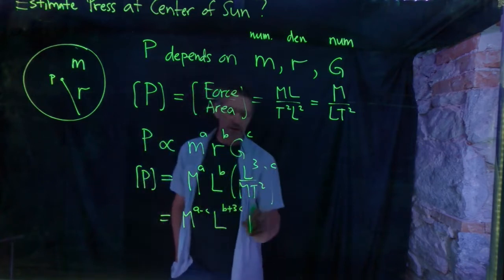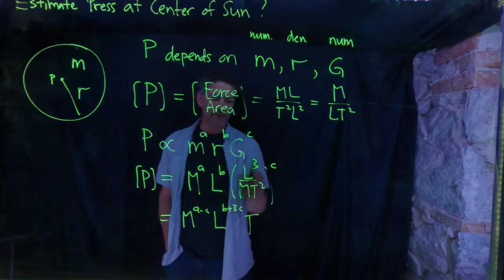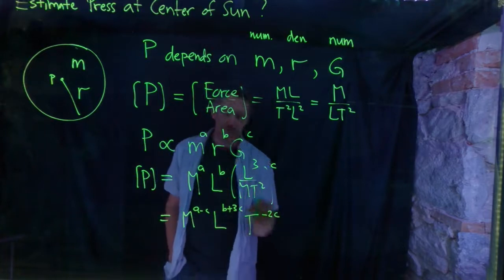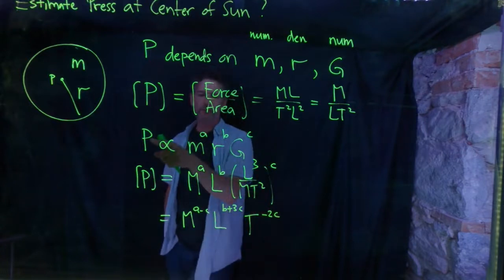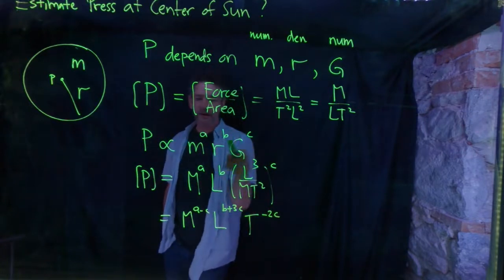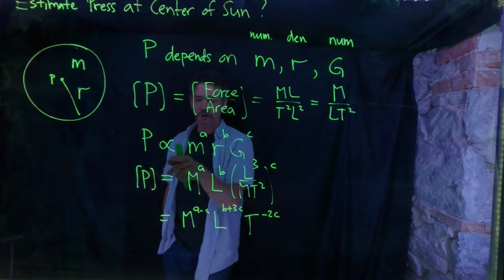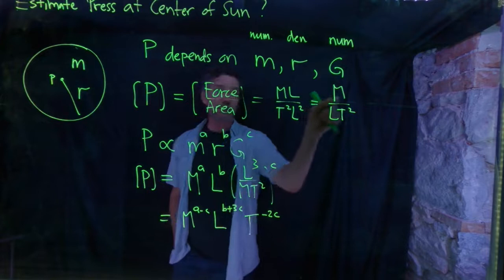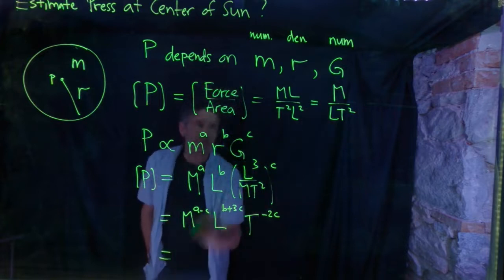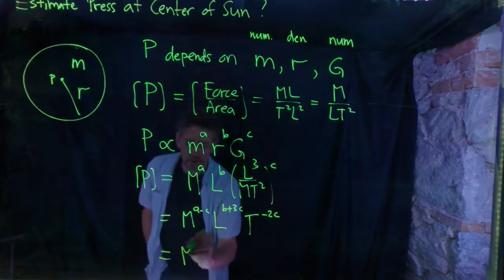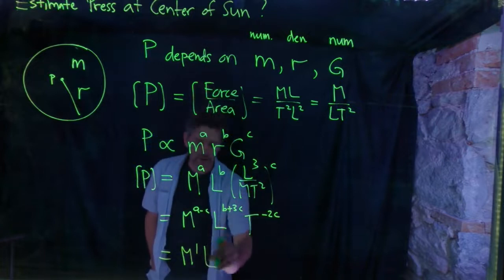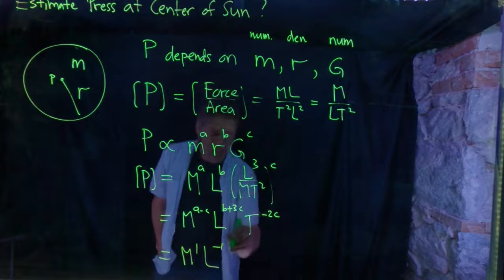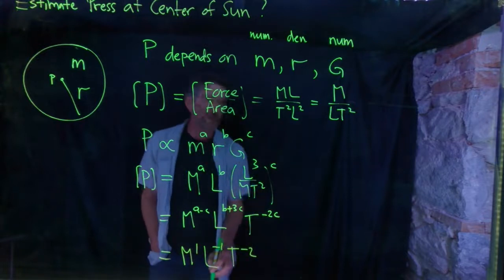And then there is a time to the power of, it's 2c in the denominator, so negative 2c. So if this formula is correct, then the dimensions of the right-hand side of this formula are this. Now those dimensions better equal this. And so this is mass to the power 1. This is a length to the power of negative 1, and a time to the power of negative 2.